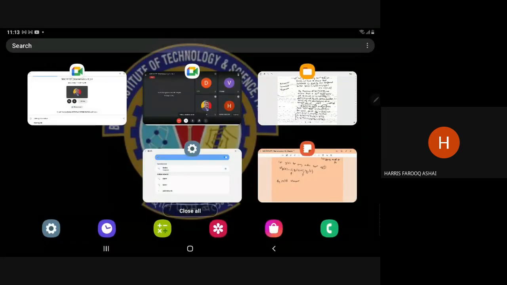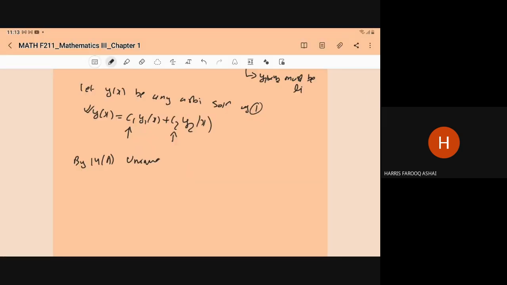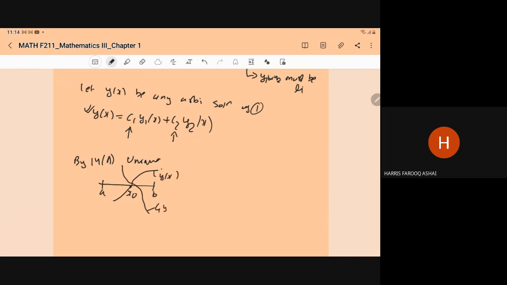So I am claiming that we have to prove that y(x) is equal to c1 y1(x) plus c2 y2(x). For the arbitrary point x naught in the closed interval [a, b], for a moment assume that these are two different functions, y(x) and c1 y1 plus c2 y2.